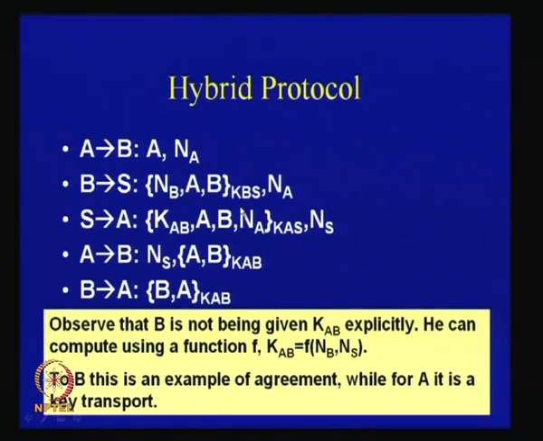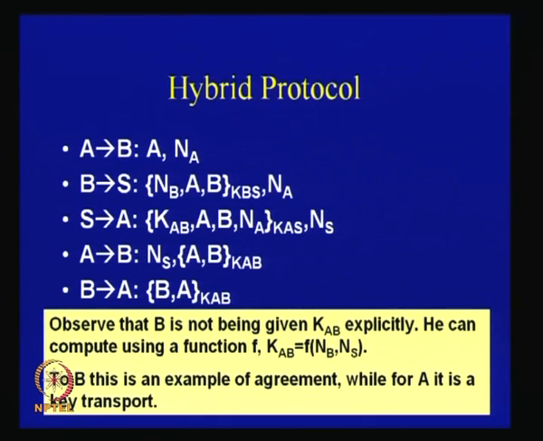B also sends the corresponding value of Na. Na is the other thing which has been obtained from A; B has received the corresponding entity from A and just relayed it back to S. What S does is that S sends to A a newly generated session key KAB, along with A, along with B, along with this fresh Na, and it has encrypted the entire thing by a long term key called KAS.